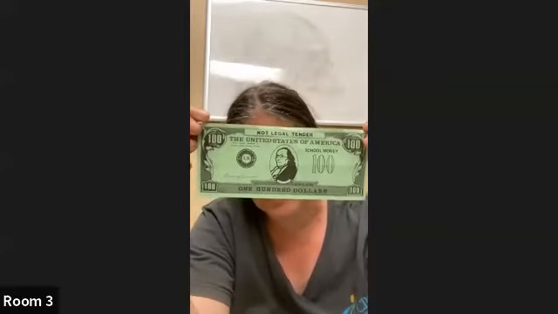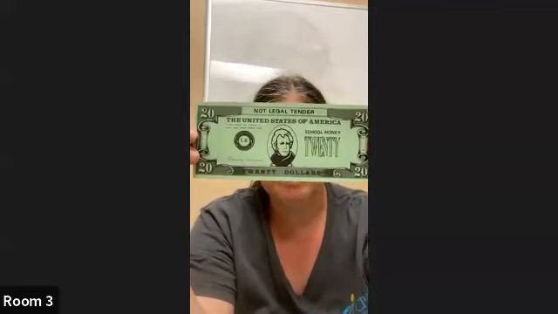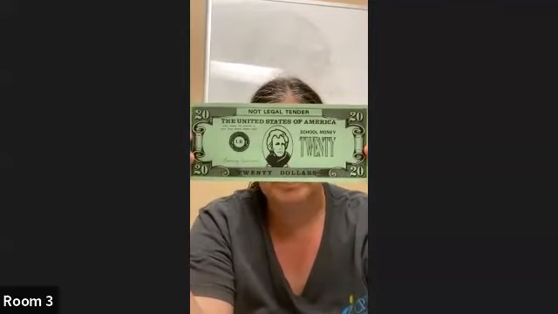This is a $100 bill. Next one, how much is this one? $50, correct. How much is this one? $20, correct.